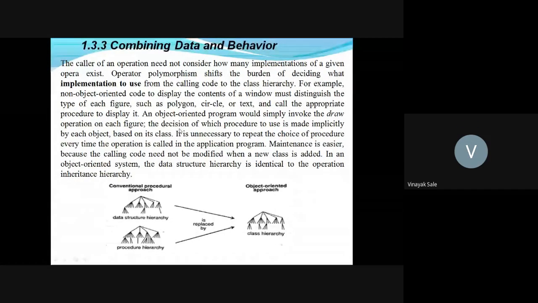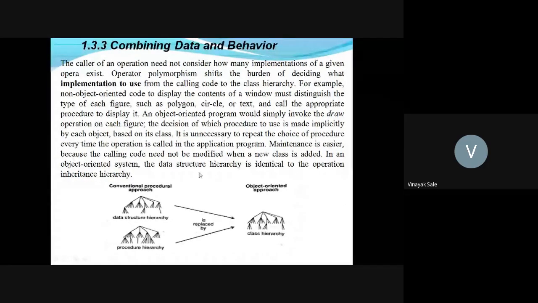The decision of which procedure to use is made implicitly by each object based on its class. It is unnecessary to repeat the choice of procedure every time the operation is called in the application program. Maintenance is easier because the calling code need not be modified when a new class is added.